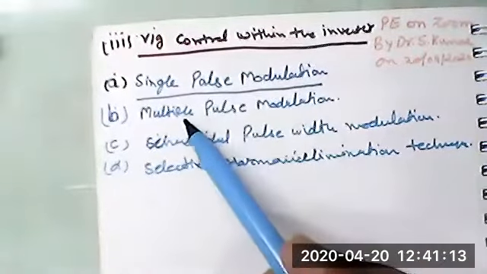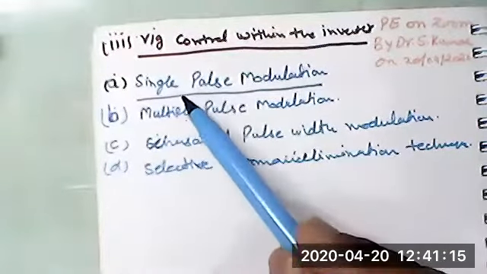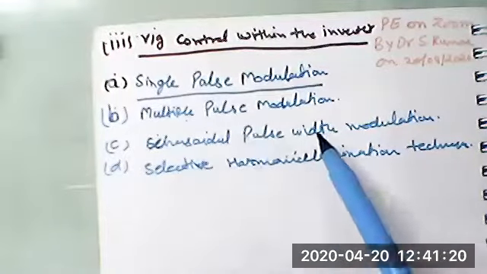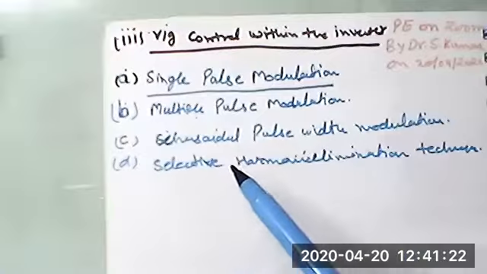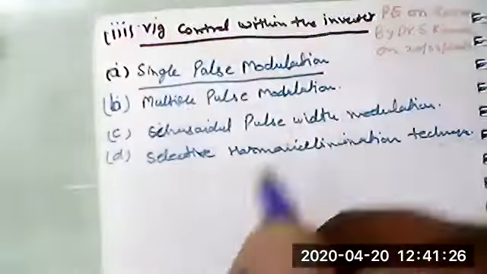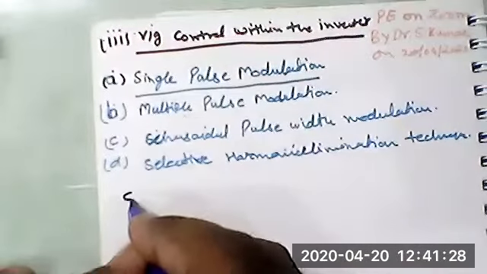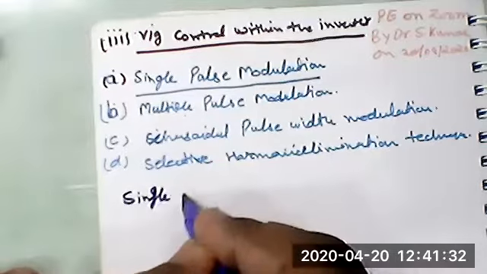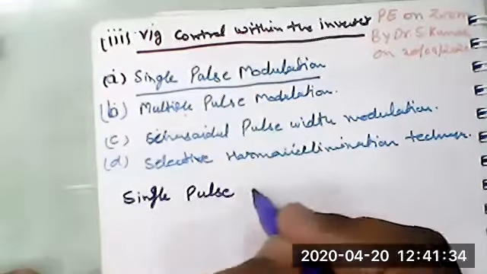So first one is single pulse modulation technique, then multiple pulse modulation technique, then sinusoidal pulse width modulation technique, and the last one is the selective harmonic elimination technique. For today, we consider the single pulse modulation.